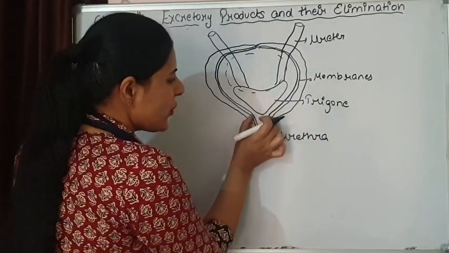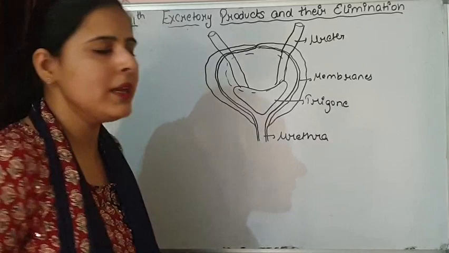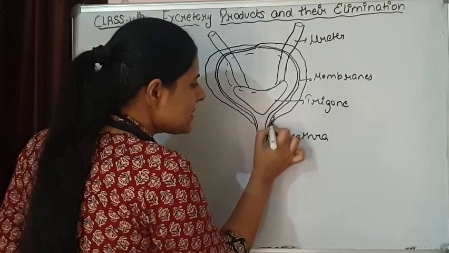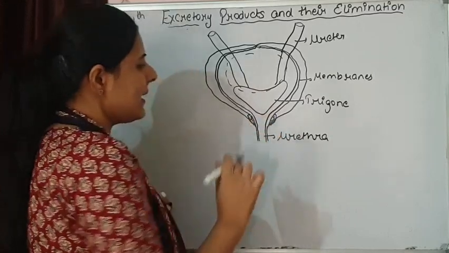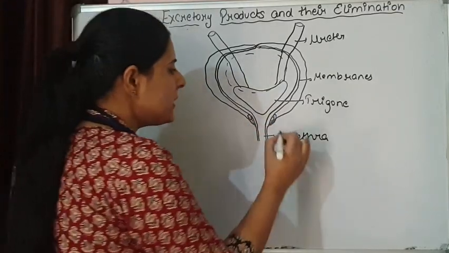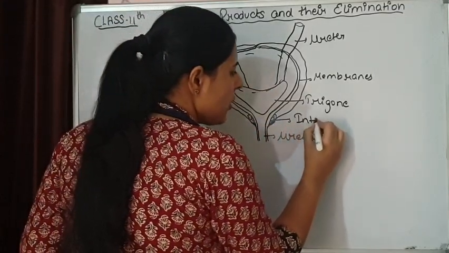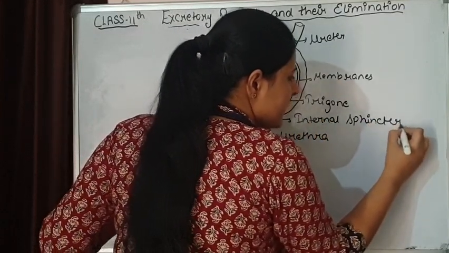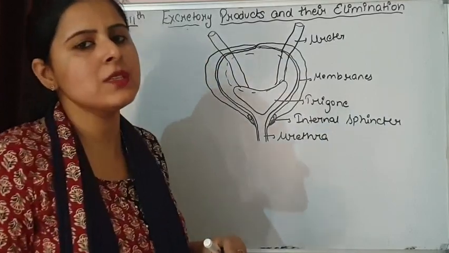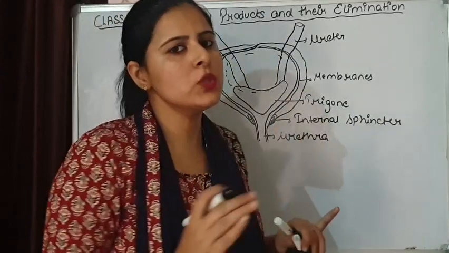At this edge from where urethra is occurring, the circular muscles get modified. The circular muscles of this area get modified and they form a sphincter called internal sphincter. And this internal sphincter is made up of smooth muscles.